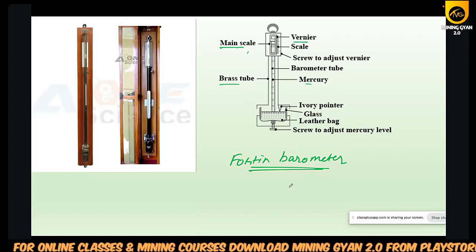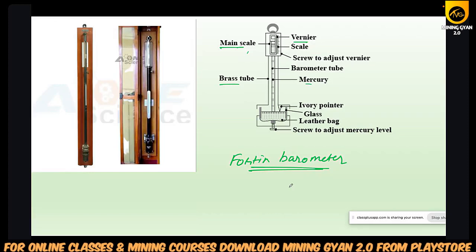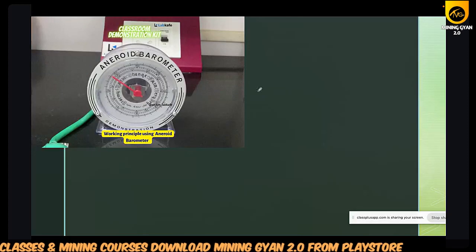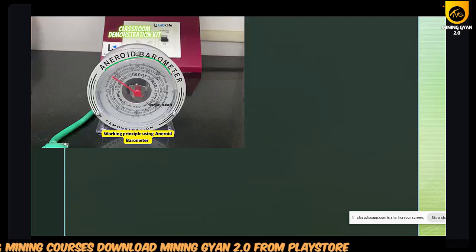It is also used to find out atmospheric pressure. So why am I showing these images? Because you will get an idea, as sometimes they will ask the name of the instrument and why we use this instrument. So just remember.